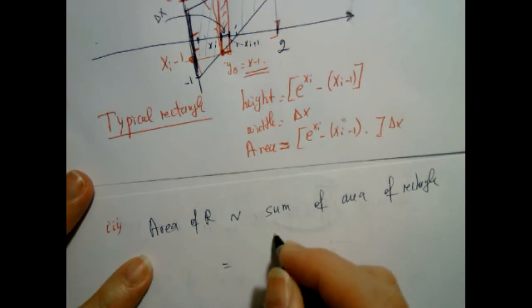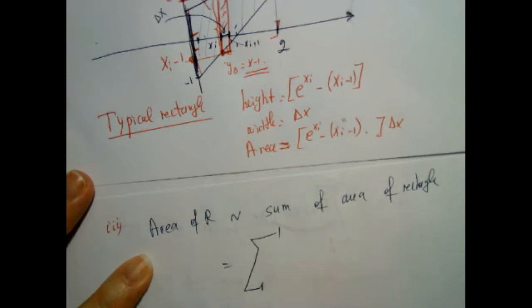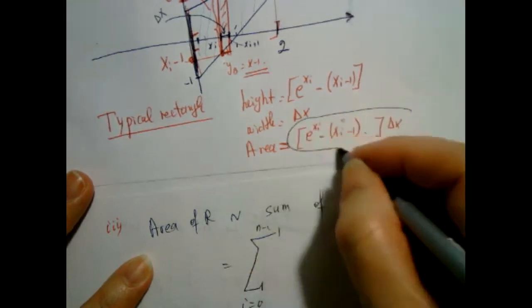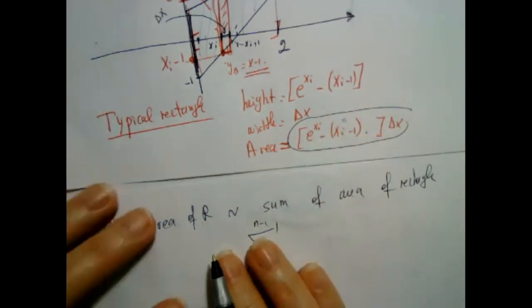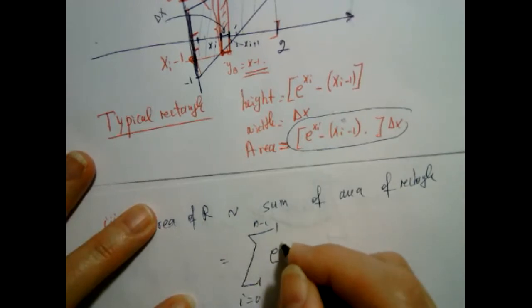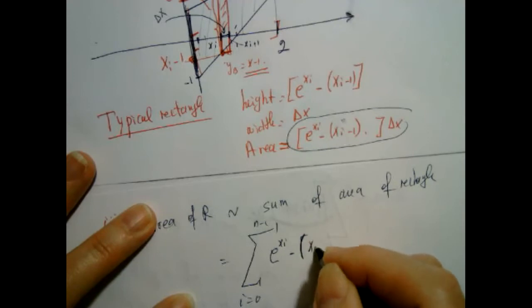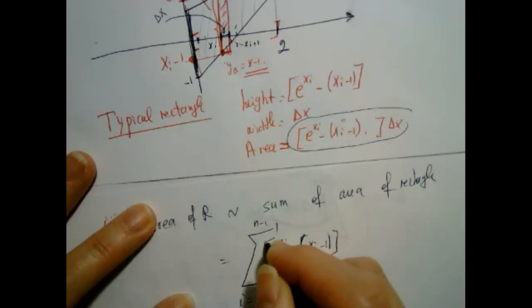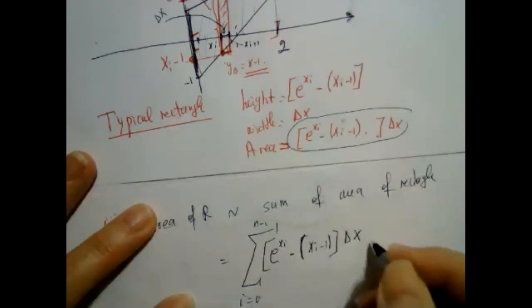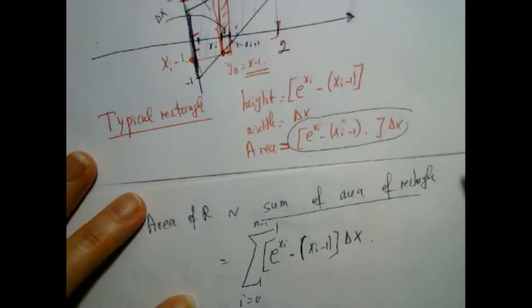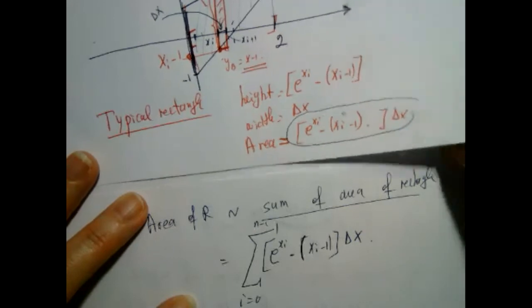It means every rectangle, now that I'm writing my Riemann sum, has for area something like that, where the xi changes. So it's the sum of e^xi minus xi minus 1 delta x. That's the Riemann sum. It means the sum of the area of the little rectangles. That's really the idea here.